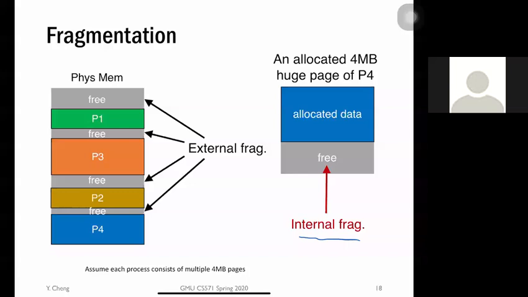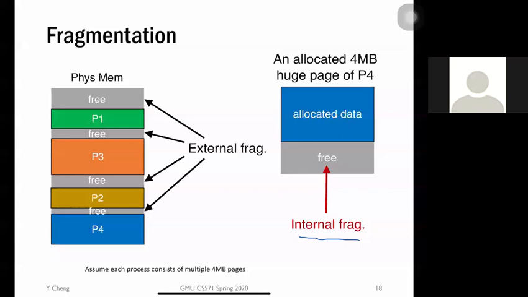Even though you allocate this page for a particular process, it's highly likely the process won't be able to fully utilize each and every byte within this allocated 4 MB huge page. There are always some internal memory fragments which are really challenging to fully utilize. So these free spaces are called internal fragments.